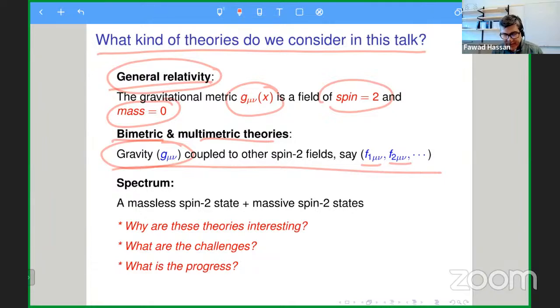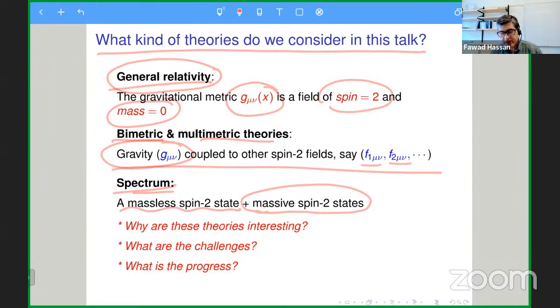What is the physical content of the theories? First of all, the spectrum. These theories will always contain a massless spin 2 state, which is like the analog of the massless graviton or massless gravitational waves. And then we will have a number of massive spin 2 states. So in a theory with 3 spin 2 fields, one of them will be massless and two will be massive.